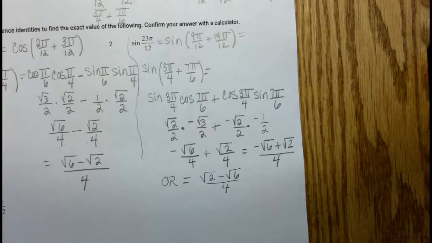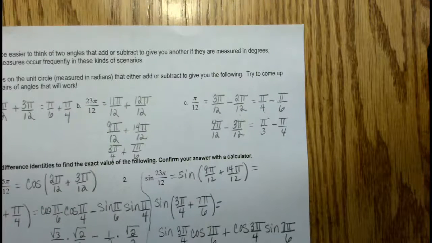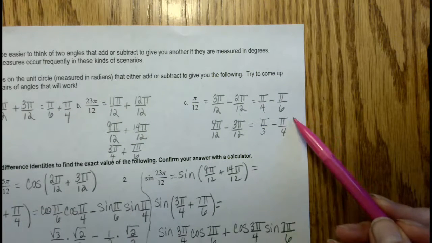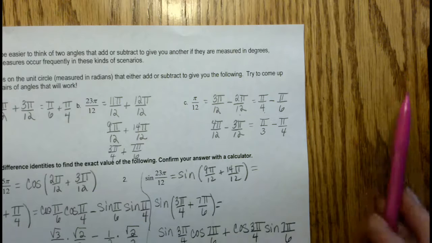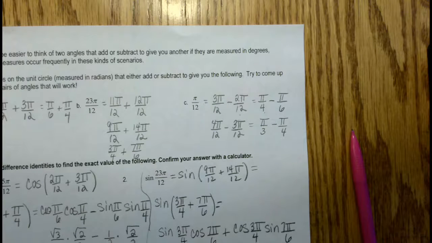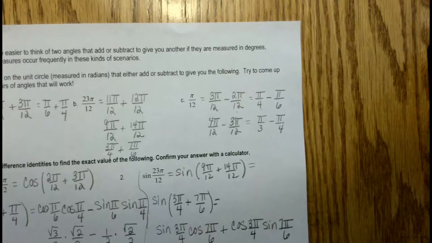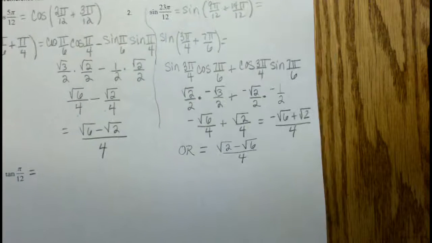But as we take a look at this last one here, and again, we found a couple values. I'll just use my first value of what adds to be pi over 12, in this case what subtracts to be pi over 12. So when we look down here, might be nice if you could see it now.